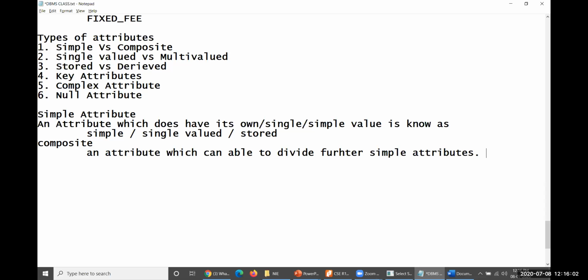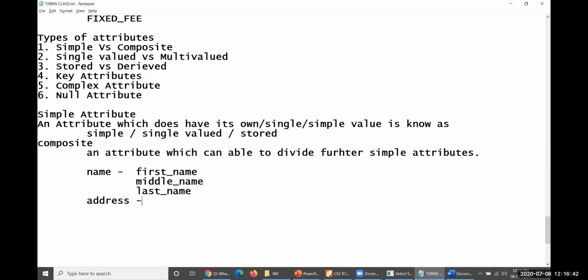I'll give you one example, then it is very easy to understand. Normally, while filling any kind of application, you can see that a name can be divided into 3 different parts: first name, followed by second name, otherwise middle name, followed by last name. This is a composite attribute. If you consider address, it can also be divided into many pieces.